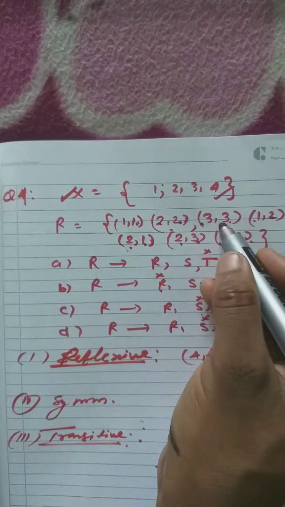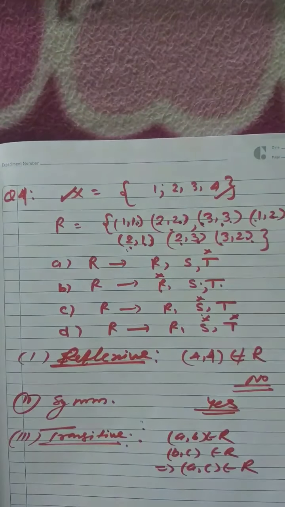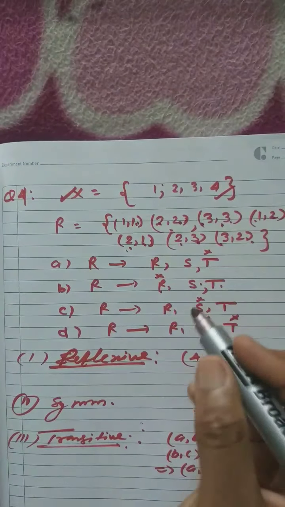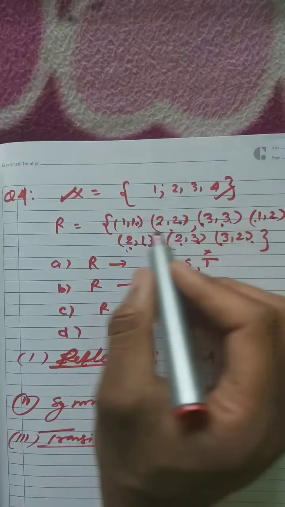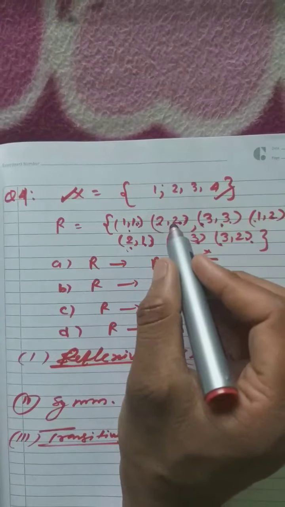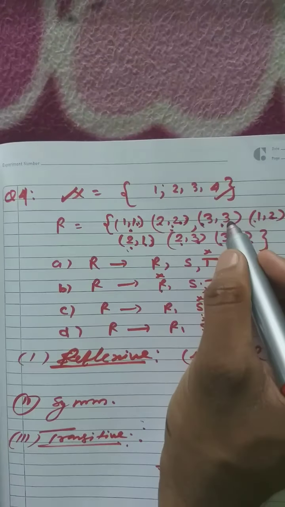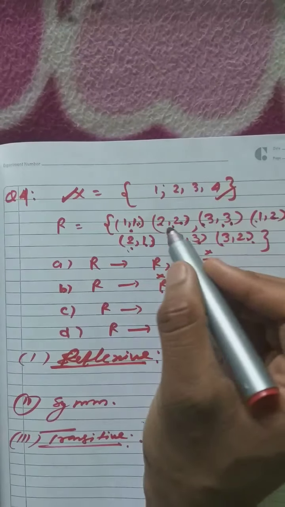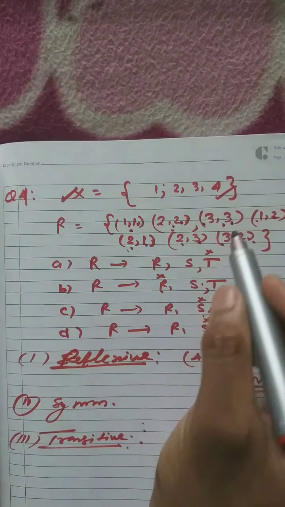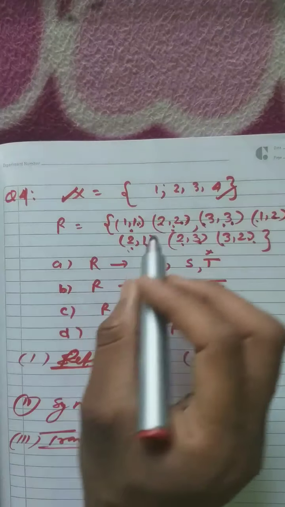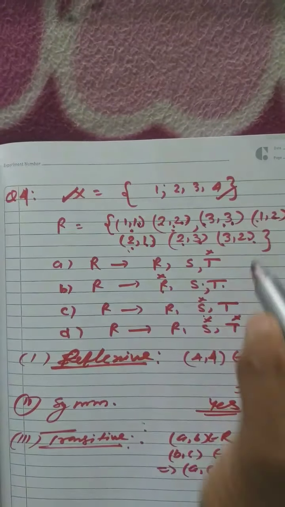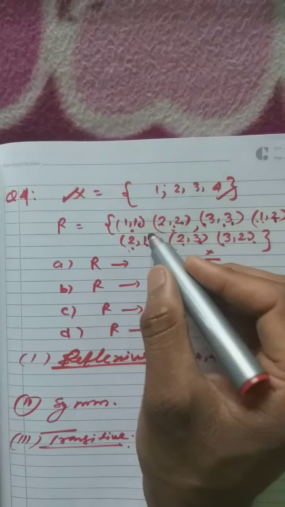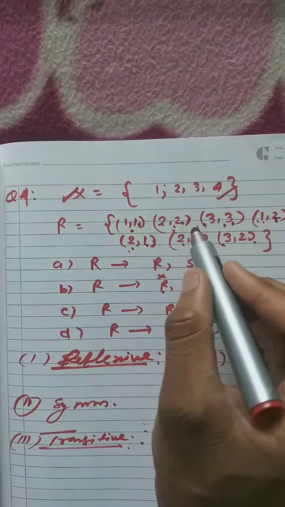It will be satisfied for (1,1), (2,2), (3,3). If a set had only these three elements, the relation would be reflexive, symmetric, and transitive. Now (a,b) is (1,1), (b,c) is (1,2), then (a,c) is also (1,2), which belongs to R.